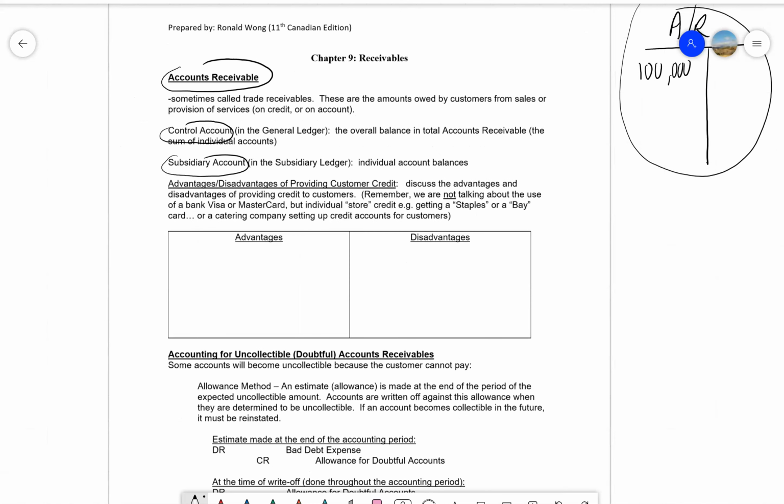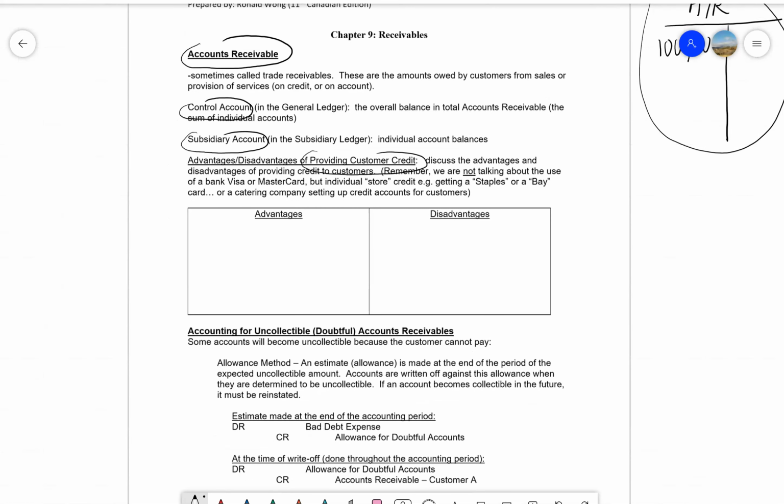Now, we have to think about, why would a company provide customers with credit? So let's talk about some advantages and disadvantages of providing credit to our customers. When we talk about advantages, one of the main advantages is that if we provide credit to our customers, that will likely increase our sales.